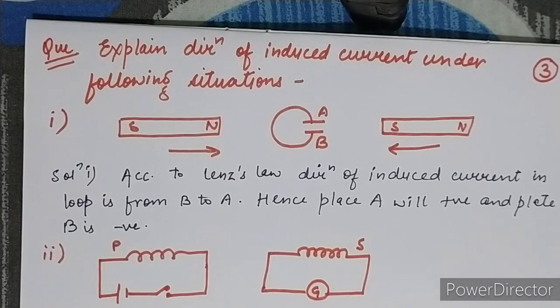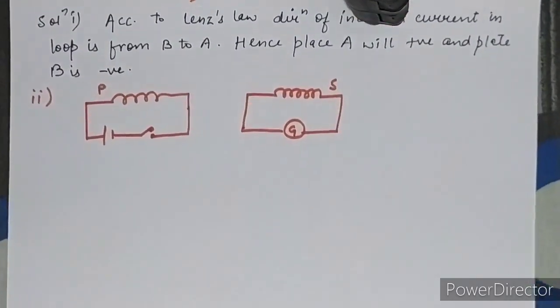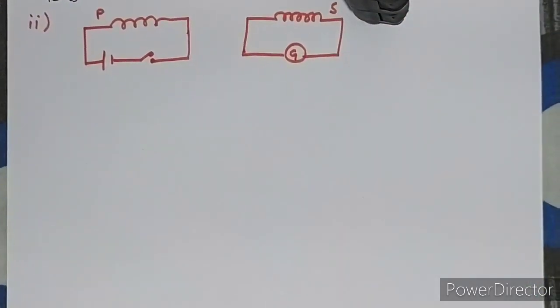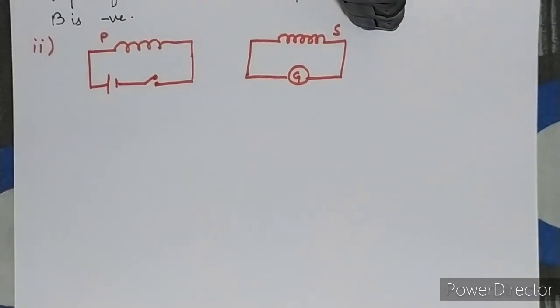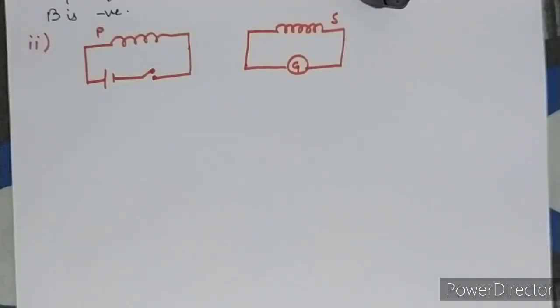Now in this, when we are looking from the side of coil P, the direction of the induced current in coil S is in clockwise direction.